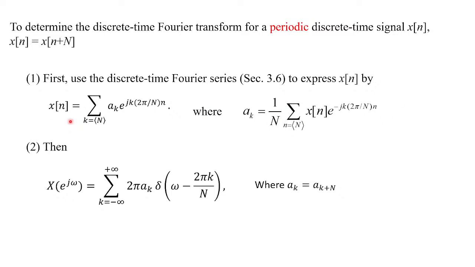So what you do is you write your periodic signal in terms of Fourier series first, and then you look at the Fourier series, you can write down your Fourier transform. So a_k here becomes a_k here. Every a_k here, you get 2 pi a_k delta, and the spike location is at omega equals 2 pi k. The k is the same as this k here. Okay.